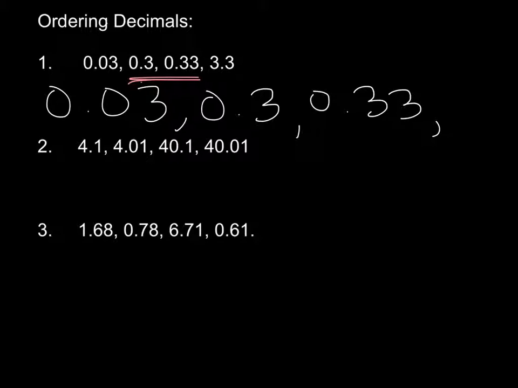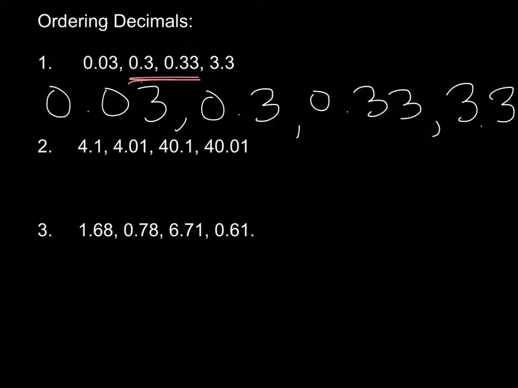My last decimal was 3 and 3 tenths. Whenever there is a whole number greater than 0 in the ones place value, that is going to be larger because I have a whole flat. 3 and 3 tenths means I have 3 flats and 3 longs, so I have 3 and 3 tenths or 3 and 30 hundredths.